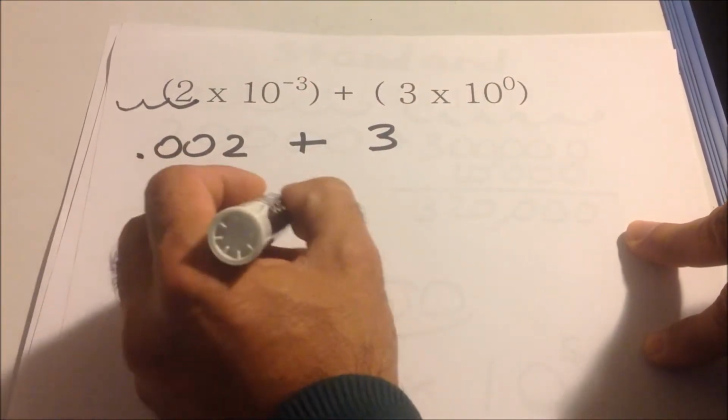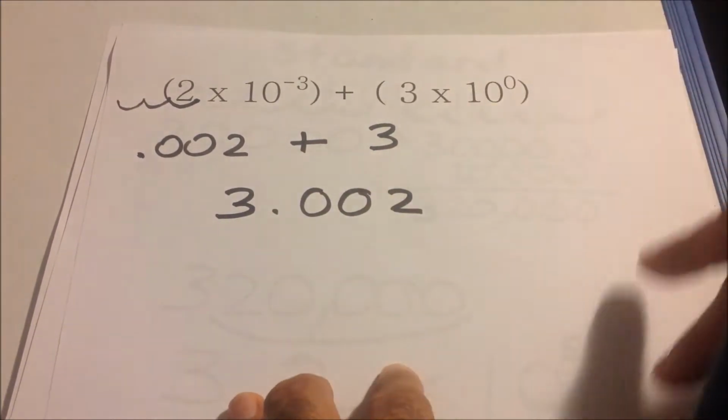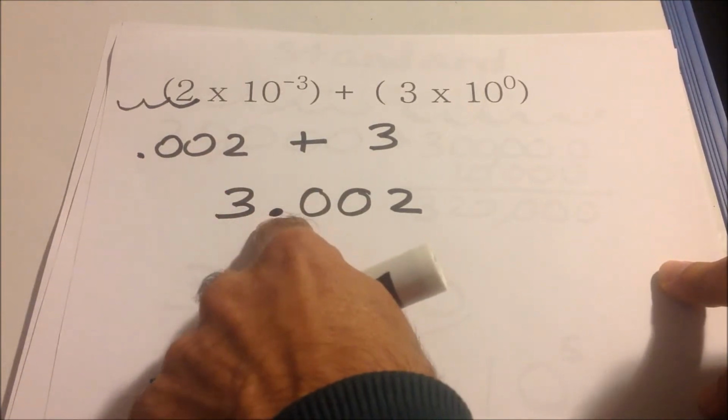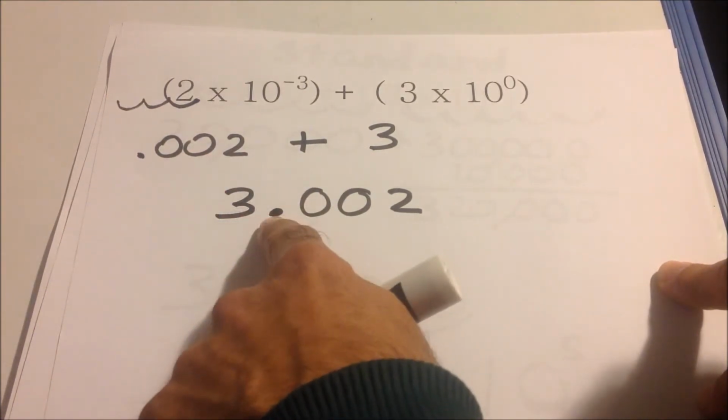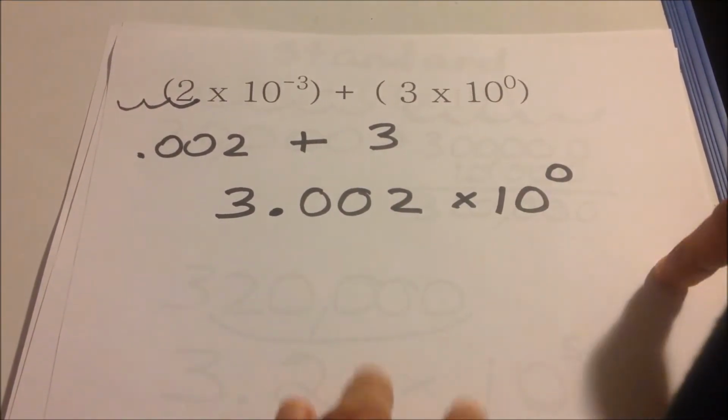So our answer would be 3.002. And it's actually in scientific notation already, because the decimal comes right after the first digit. So we put a 0 as the exponent, because anything to the 0 power is 1. So there's the answer.